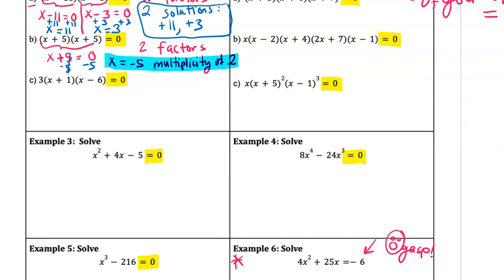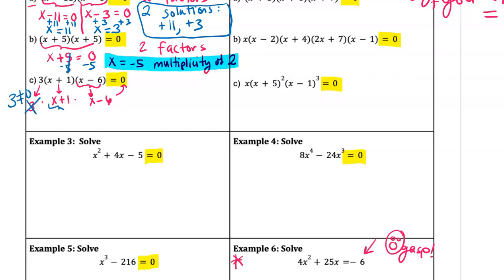Now in part C, there are technically three factors. There's 3, there's x plus 1, and there's x minus 6. Now, again, these are being multiplied together to give me 0. So I have to think about which one of these might be causing the 0. Well, it's not going to be the 3, because 3 is not 0.